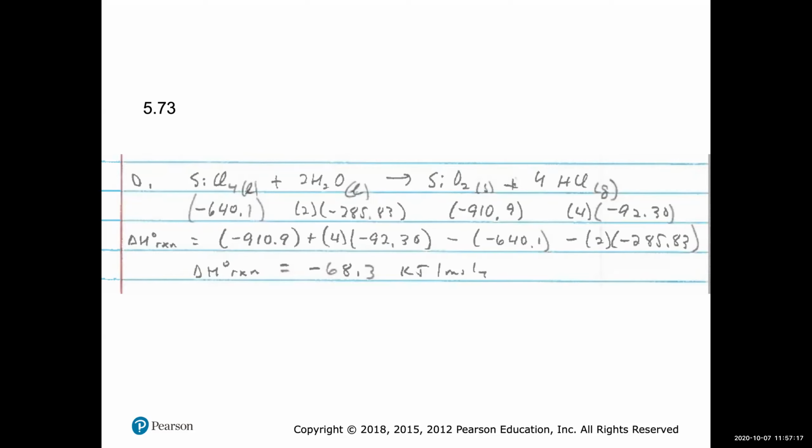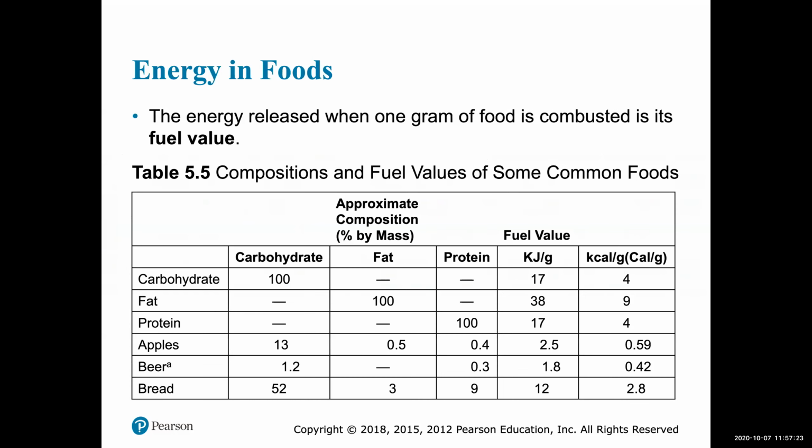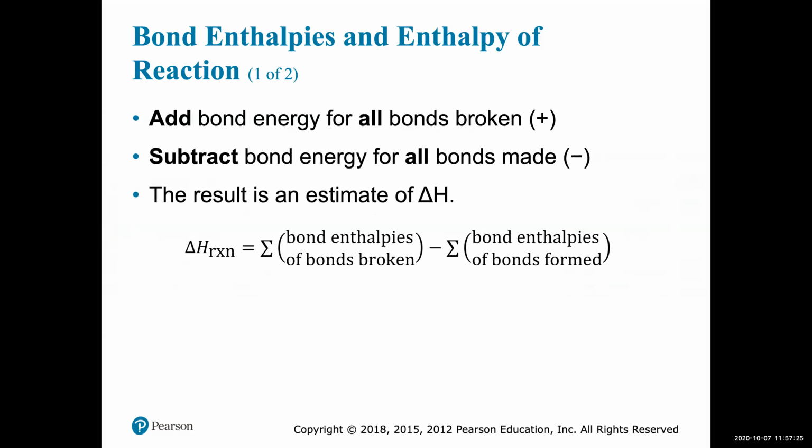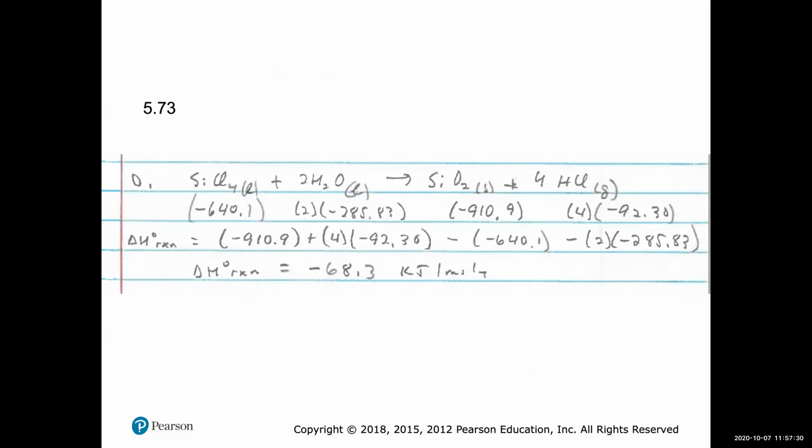Remember, we said for this type of thing, it's products minus reactants. The products are the SiO2, that's the minus 910 value, plus 4 times HCl, so minus 92.30.